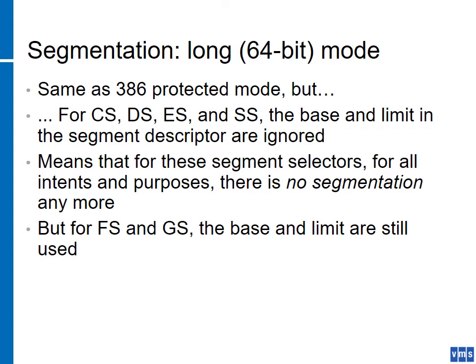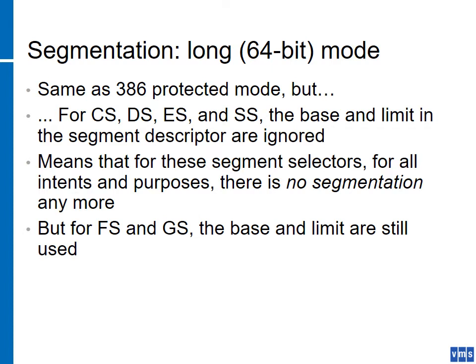But the base and the limit are being ignored. Virtual memory simply starts at 0. That's it. So it means that for these segment selectors, there basically is no segmentation anymore.